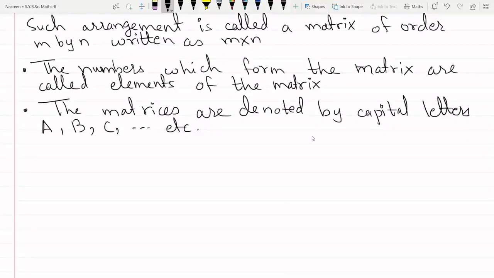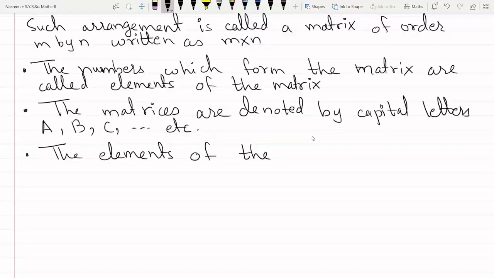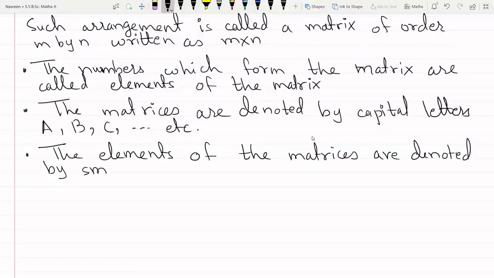And the elements of the matrices, if we don't know the elements, then we denote the elements by small letters. For example, suppose I am writing a matrix which has only one row and two columns.